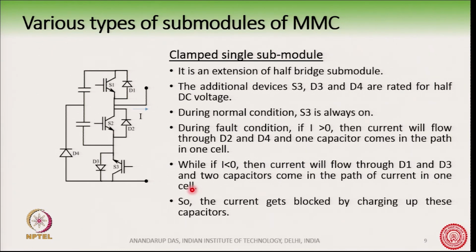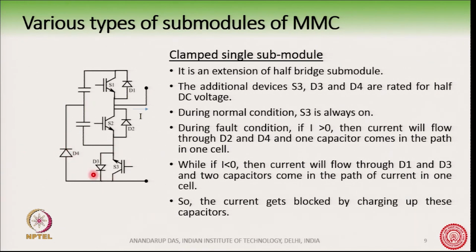Now, when there is a fault, note that this current will flow here, so that this diode is reverse biased, okay, because this point potential is half VDC and this is 0. So, this is reverse biased.